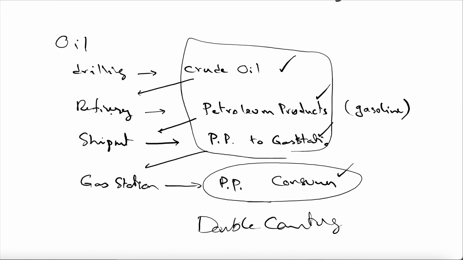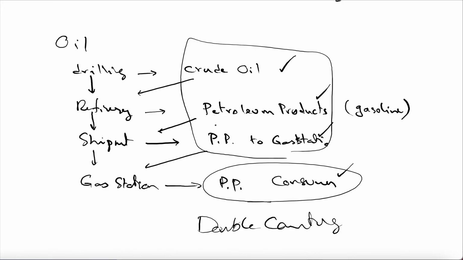No consumers go to pick up directly from the refinery. They have to wait until it's been delivered by shipment to the gas station. Okay, so it's a series. So there are no intermediaries. There's no final goods from these ones.